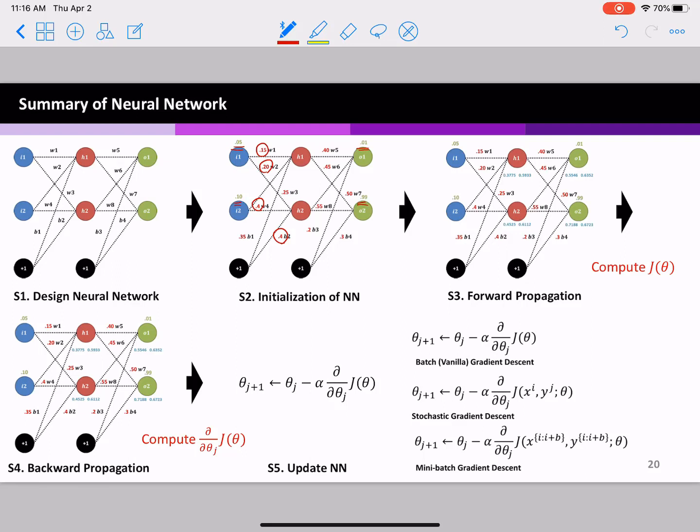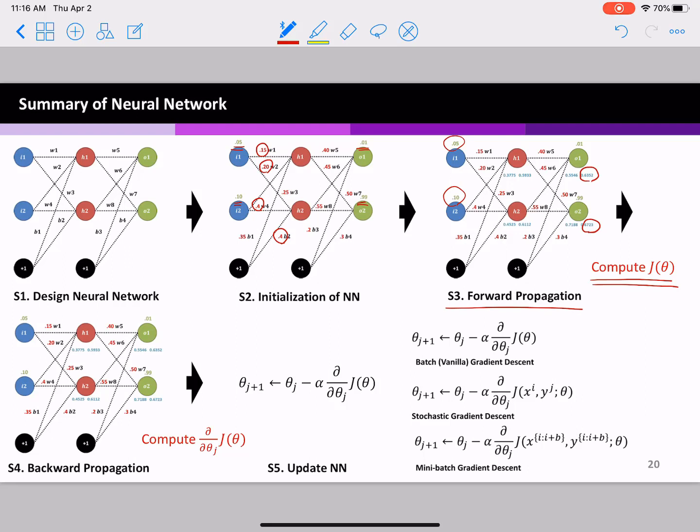And the next step, we do the forward propagation. Again, the purpose of forward propagation is to compute your cost function based on the prediction. Okay? Using the current weight and bias values and the given input value, you compute the value of each neuron.